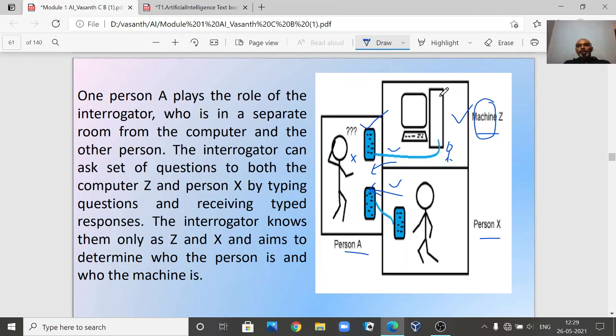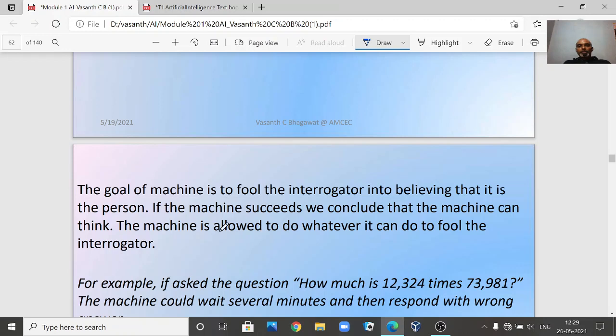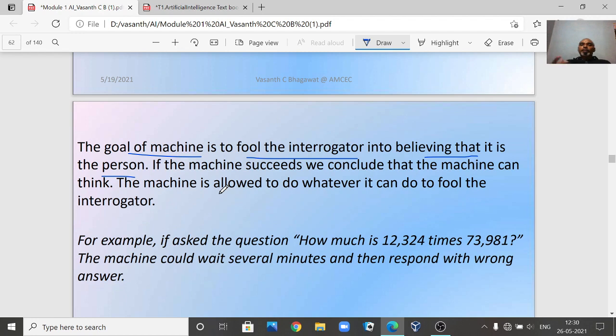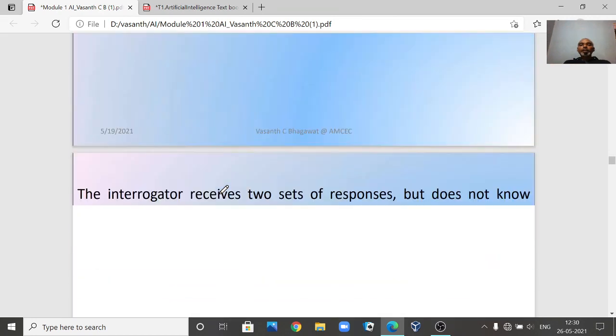Now we say that the machine has passed the Turing test, because it has some intelligence. So the main goal of the machine is to fool the interrogator, the examiner, into believing that it is not a machine but a person.